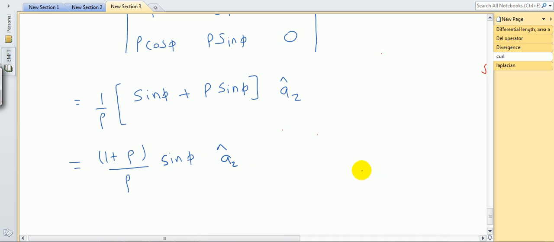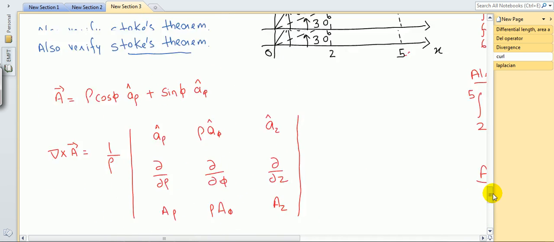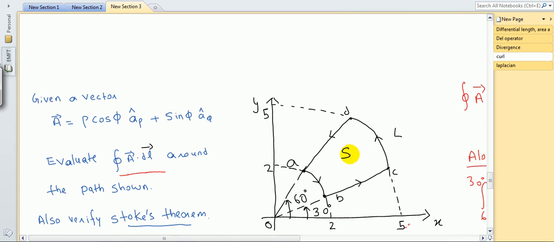Now I have to find del cross A surface integral. So for that I will be requiring ds vector. For this surface, the ds vector will be in the direction of az cap, outside the screen. So the ds vector for this will be rho d rho d phi az cap.